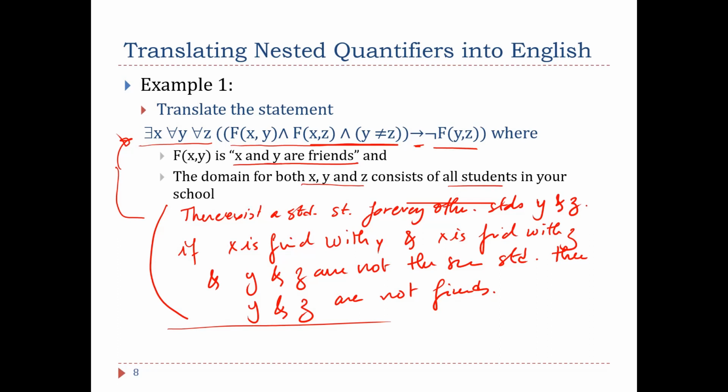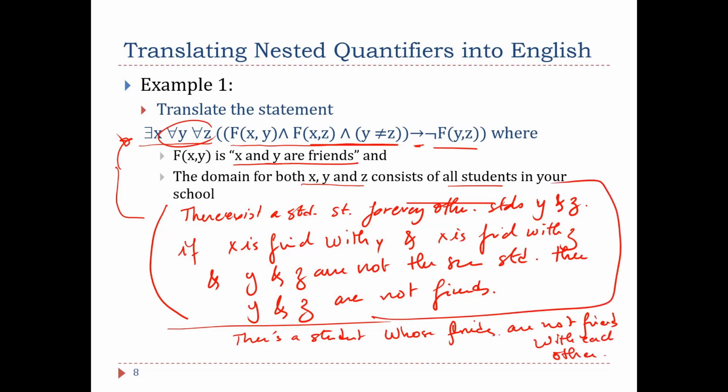So don't you think that the same sentence is saying that there is a student whose friends, any friend, any x and y, are not friends with each other, something like that, okay.